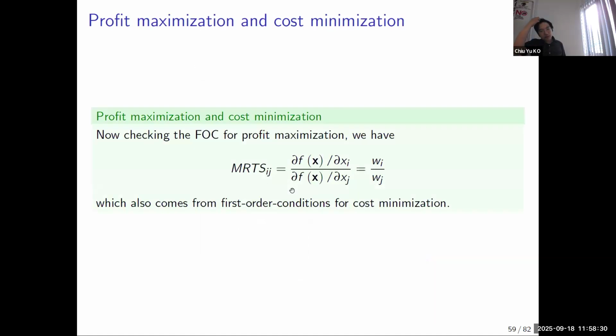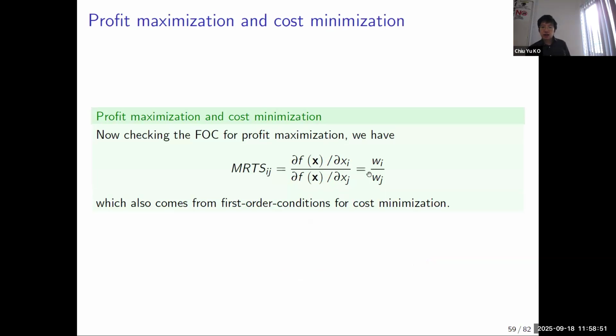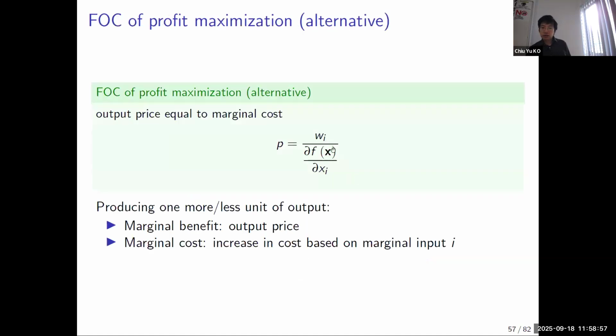And of course, this would also be true because you look at two different inputs I and J, and they should equal the price. So you should also get this equal to this. Just make sure you understand what I'm saying.